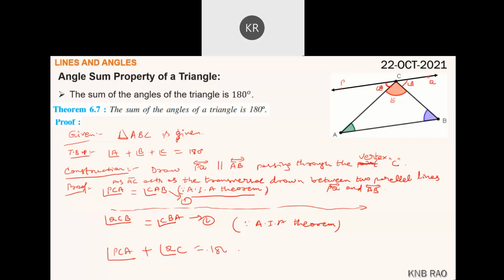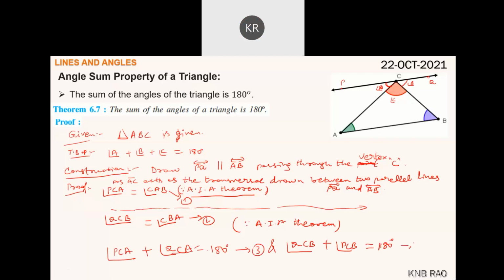This is equation 3 by axiom 6.1. Another: angle QCB plus angle PCB is equal to 180 degrees.